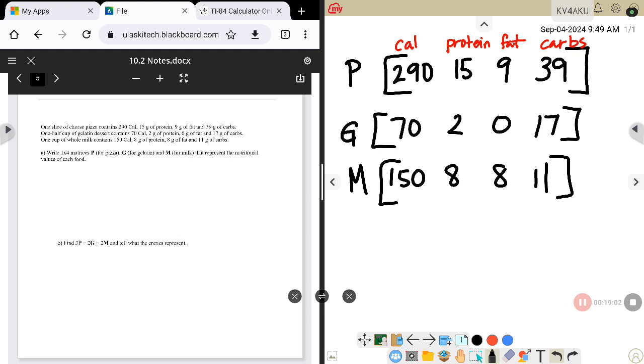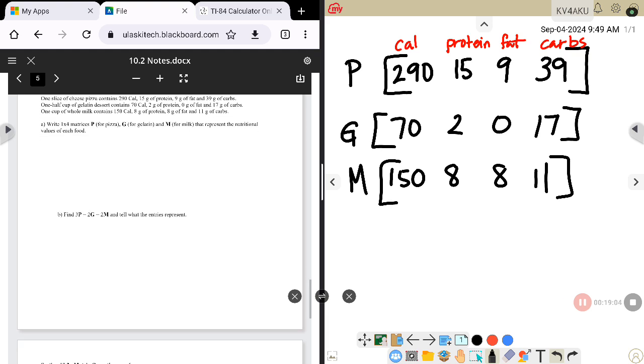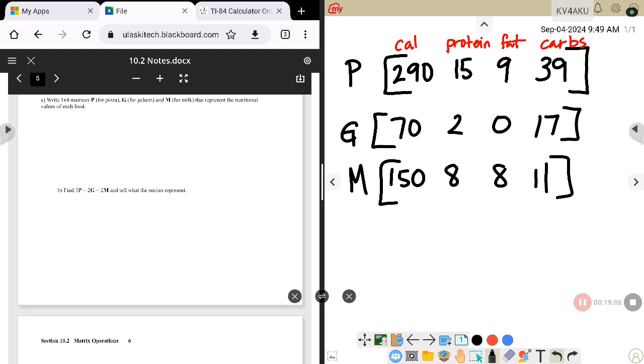So, part B says, find what 3P plus 2G plus 2M is and tell what the entries represent. I am going to put each one of these matrices in my calculator.